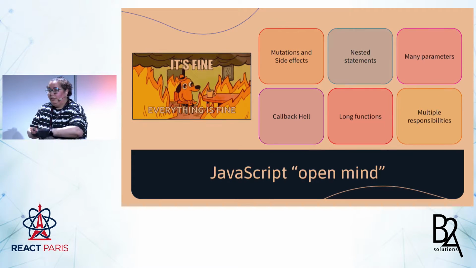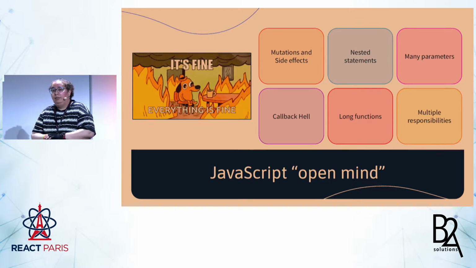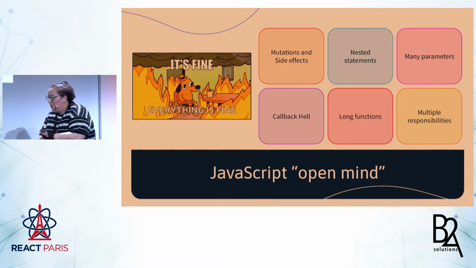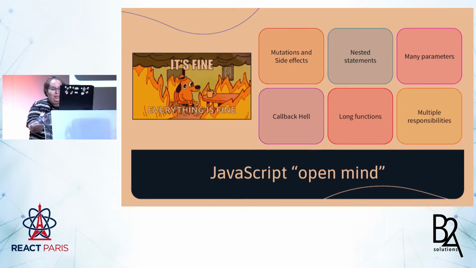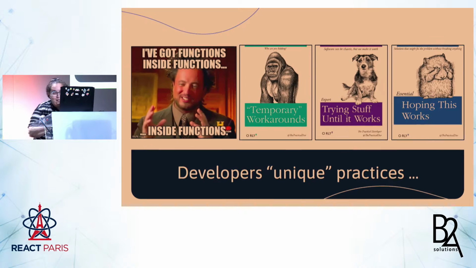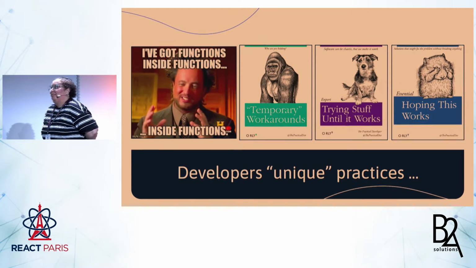If we have callback hell, long functions, functions with many parameters, many responsibilities, and many nested statements, for JavaScript, never mind, everything is good. It is optimistic, and it continues to execute.